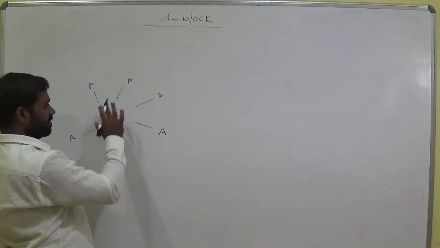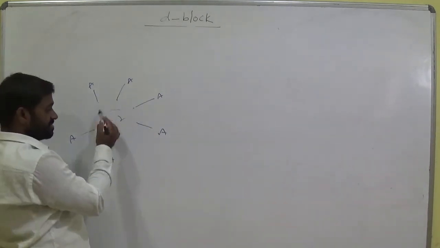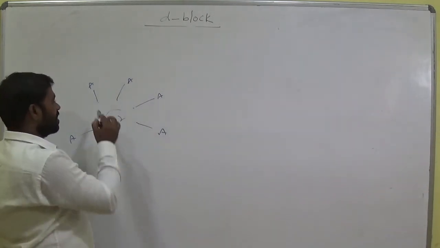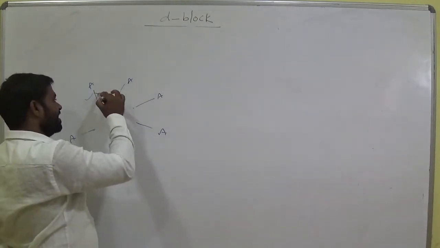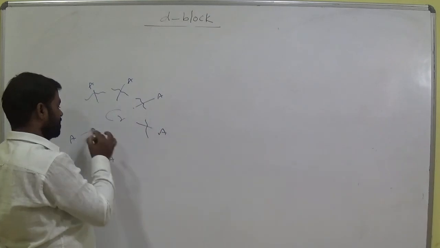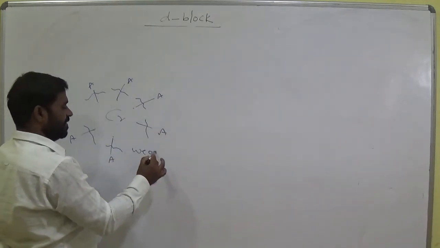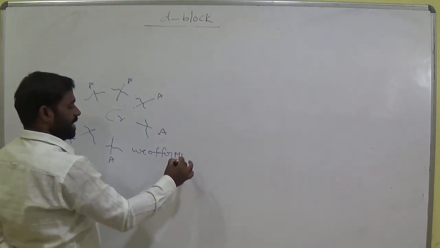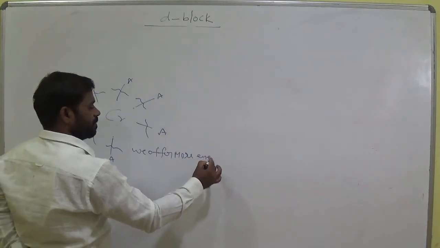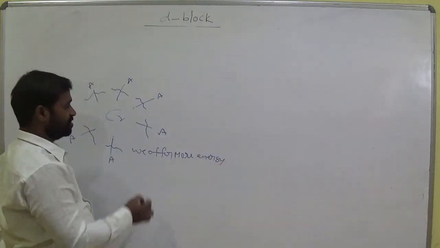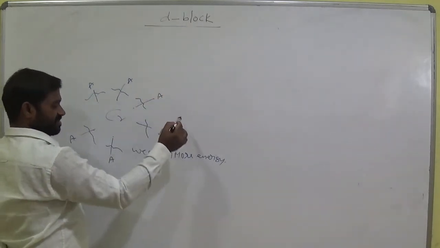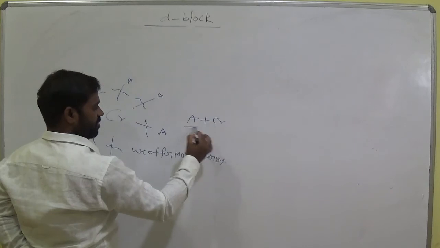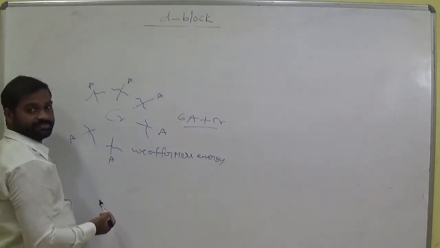Chromium can form 6 bonds due to the presence of 6 unpaired electrons. Now how many bonds are possible here? 6 bonds are possible. If you want to break these bonds, we offer more energy, am I right? More energy to break this bond as individual atoms, that is again A and chromium, 6 A atoms and 1 chromium.